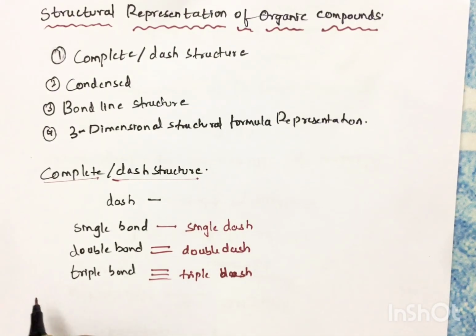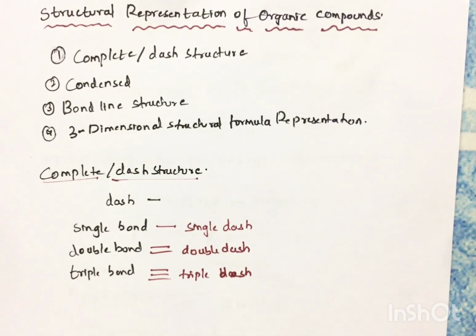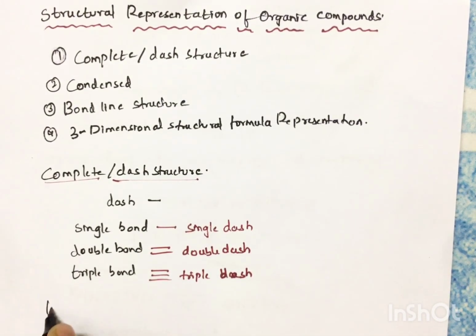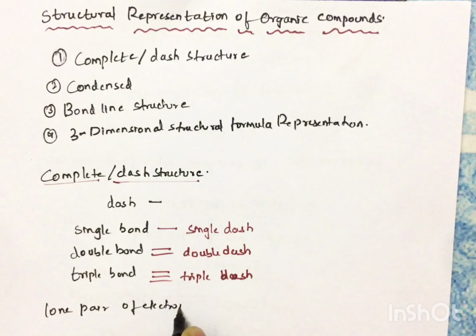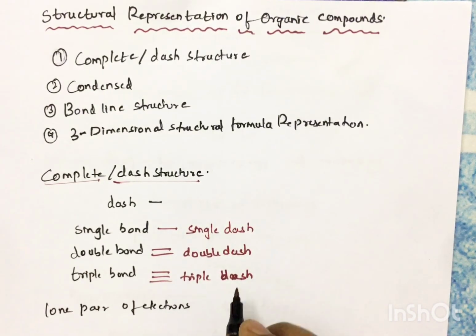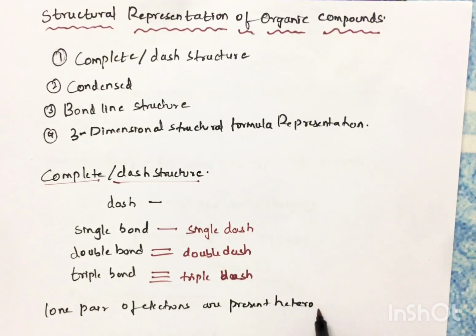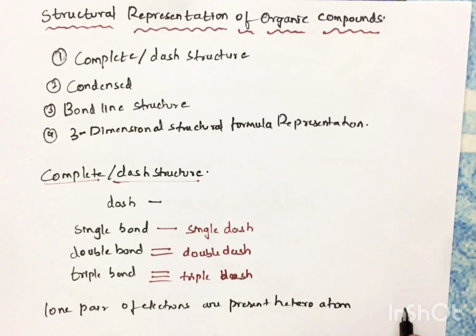If any lone pair of electrons are present on hetero atoms. So what are hetero atoms? That means the atoms other than carbon.